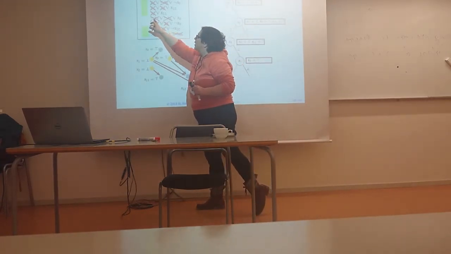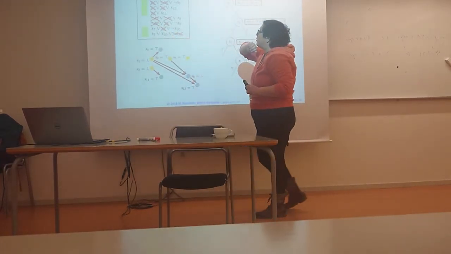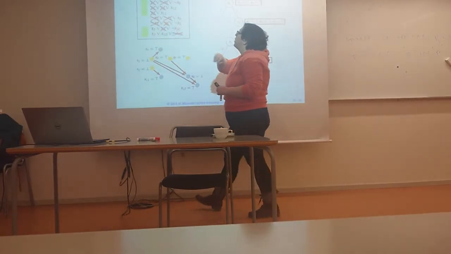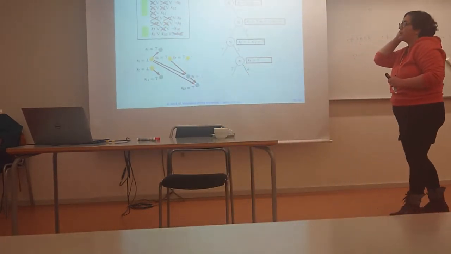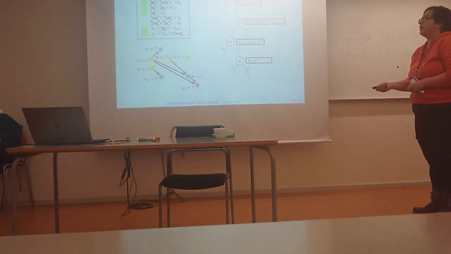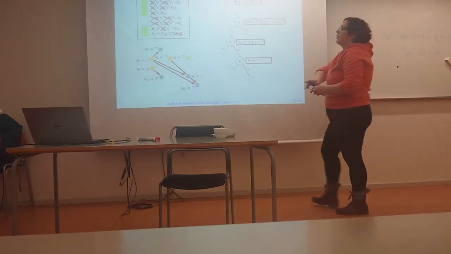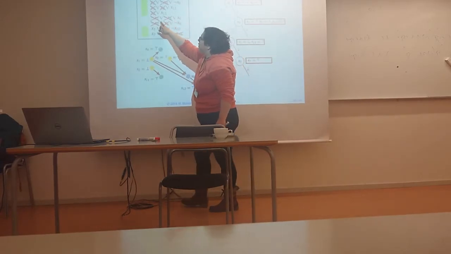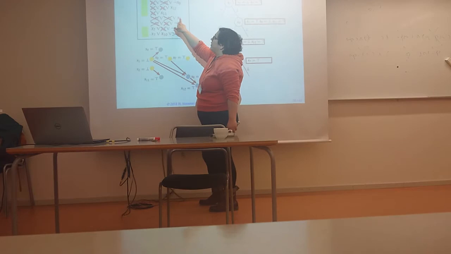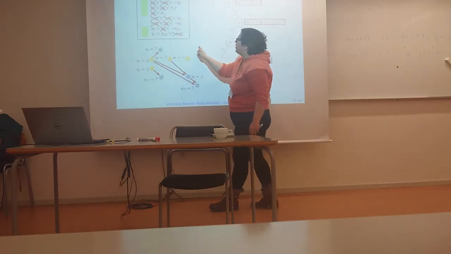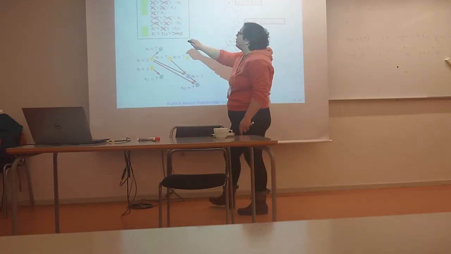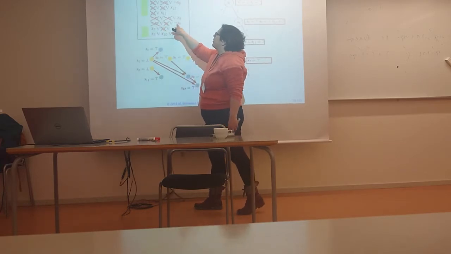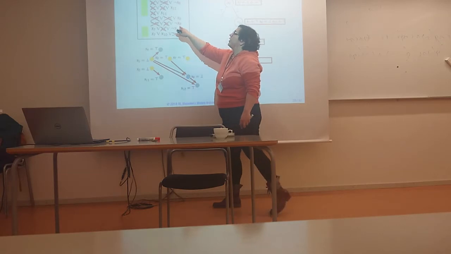I can remove not X7 because it's false. But what happens if I remove these two? I end up with X9 and not X9. So X7 is true, then not X7 is false, therefore X9 has to be true. So I add a node with X9 has to be true, and at the same time not X9 has to be true, which means X9 has to be false.